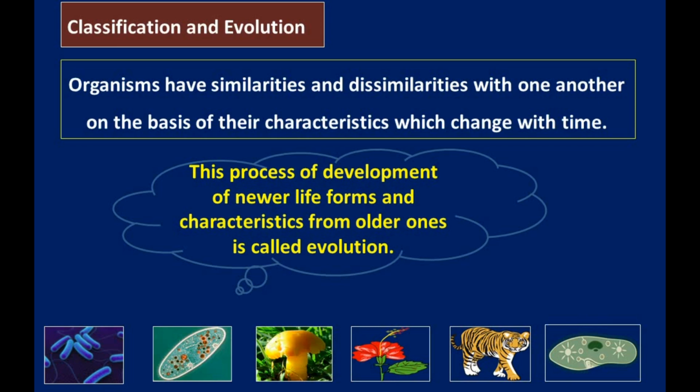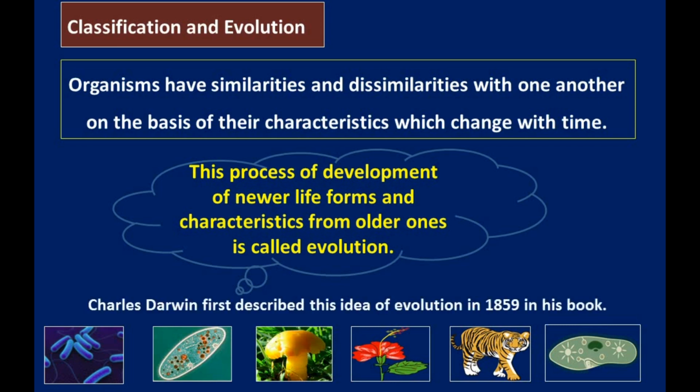So classification is the classification of organisms in the group on the basis of their similarities and dissimilarities. चार्ल्स डार्विन, evolution क्या है, किस तरह से होता है, all these theories are put up in his book in 1859.